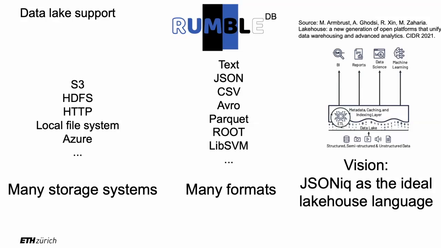You can read CSV, Avro, Parquet. It's going to be faster with Parquet, for the reasons we discussed in the previous weeks. ROOT is something used by high energy physicists working at CERN for storing the collision data, libsvm for machine learning purposes, and so on and so on. So many different formats, many different storage systems.